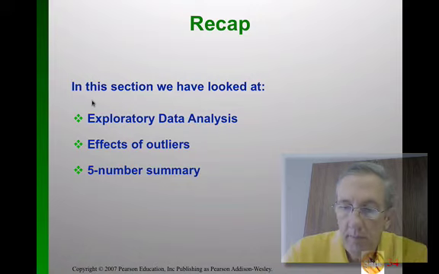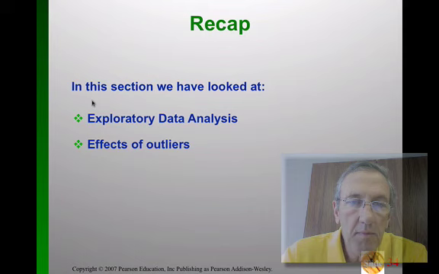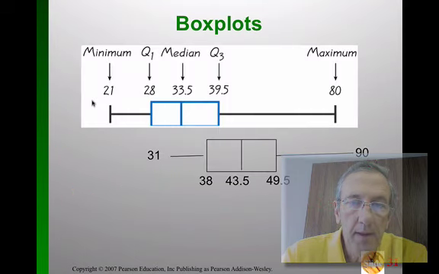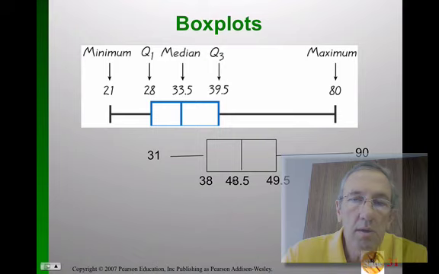So what I would invite you to do is to come back into the presentation, look at the males, 31 for the minimum, 90 for the max, 38 and 49.5 and 43.5, and do the calculations and determine if 90 is an outlier.